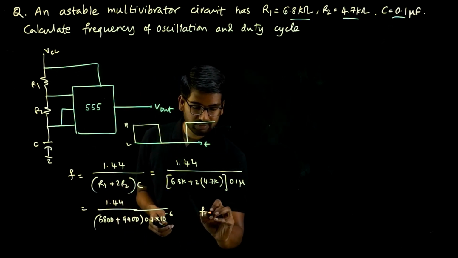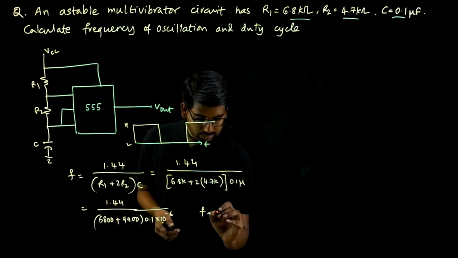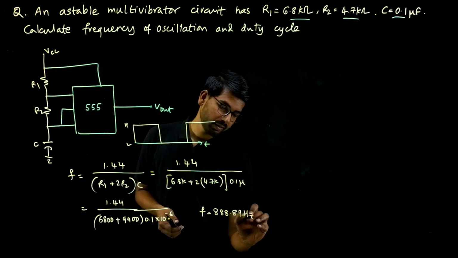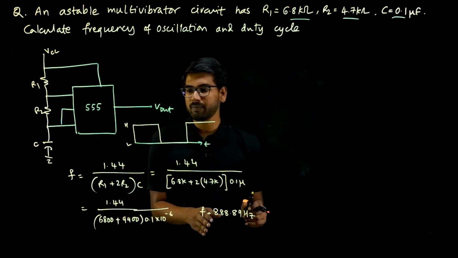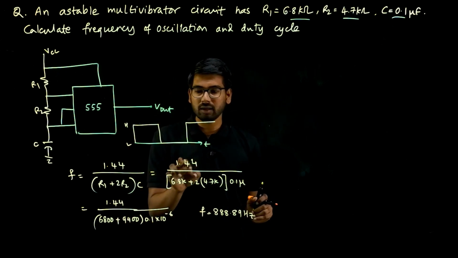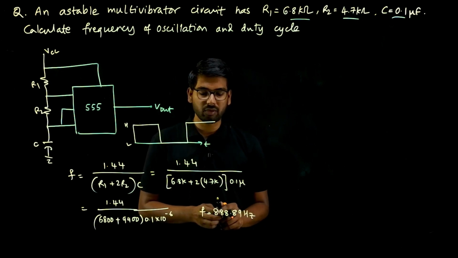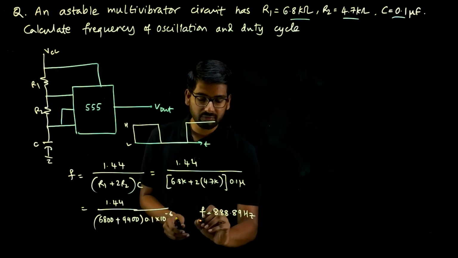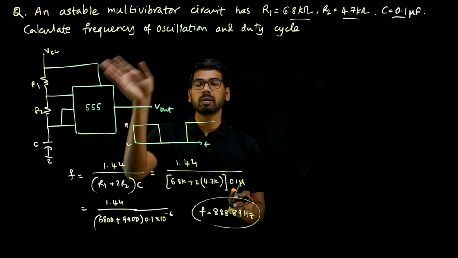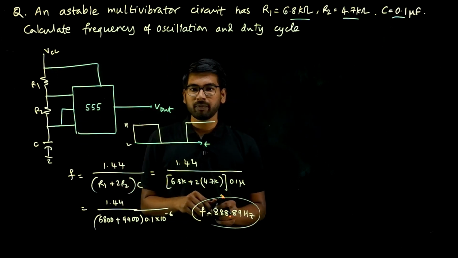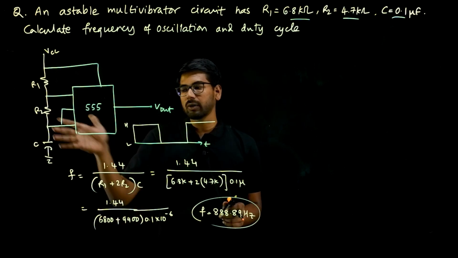What you will get is a frequency of 888.89 hertz. So for each second, this voltage high and low happens 888 times, almost 889 times. So this is the frequency of the astable multivibrator, which is a circuit built on a 555 timer, and the frequency depends on R1, R2 and C values.